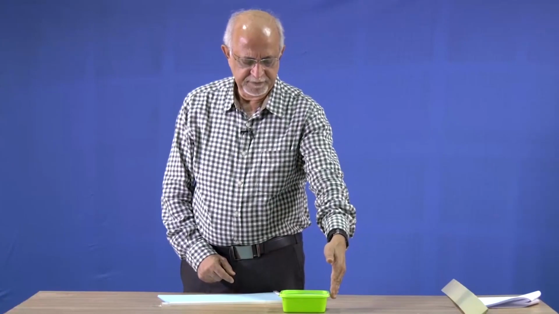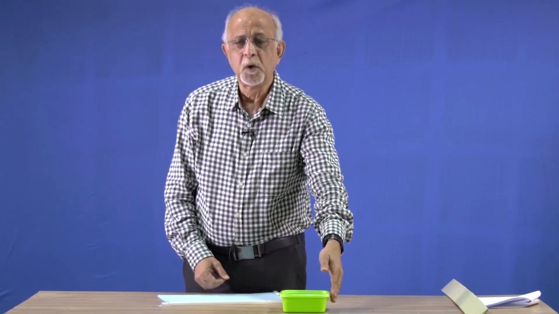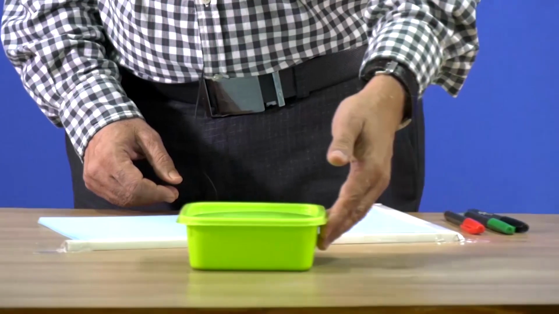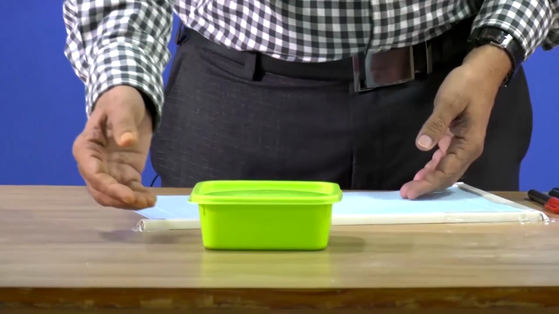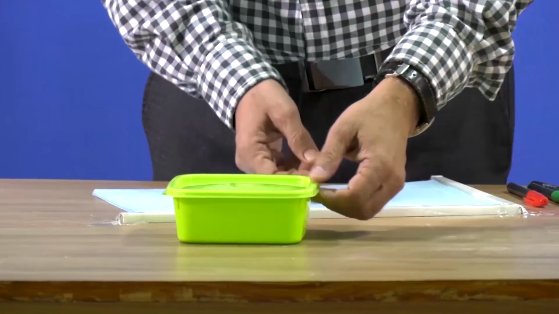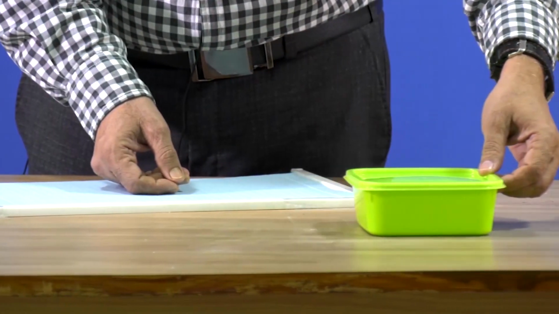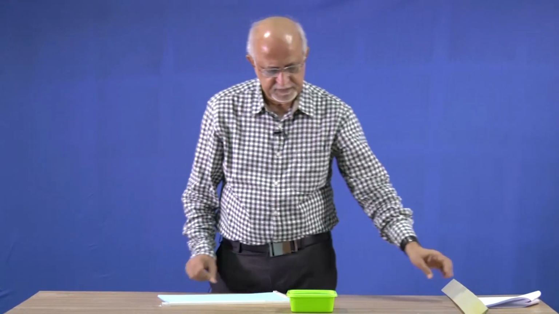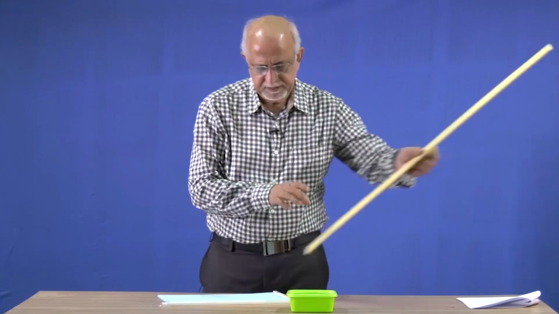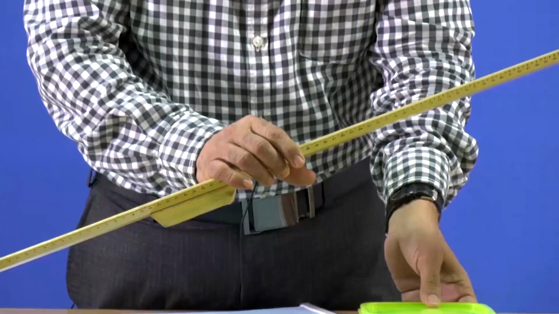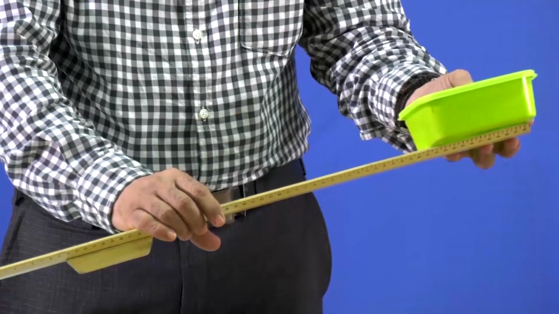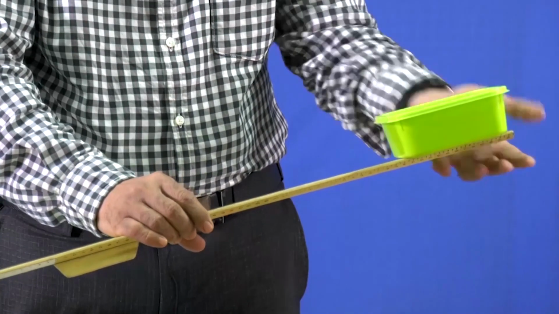To change the motion of a body which is at rest, we need to apply a force, either in the form of push or in the form of pull, and of course, there may be non-contact forces. Similarly, if a body is in motion and we want to bring it to rest, we need to apply a force.